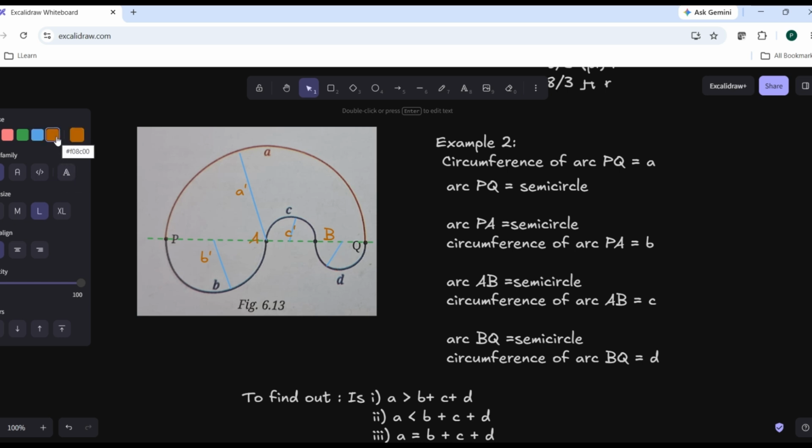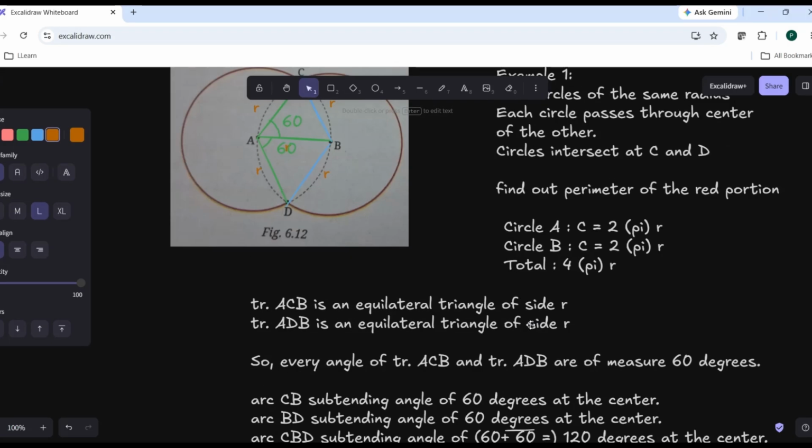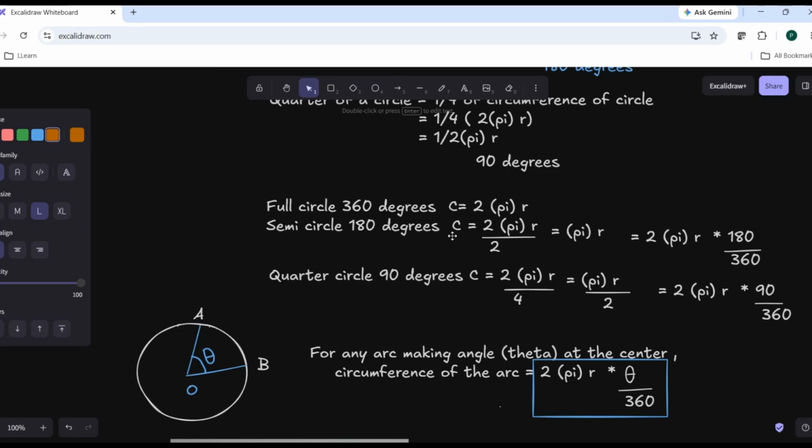Okay, so now we learned about the circumference of the semicircle. So what was the circumference of the semicircle? Circumference of a semicircle is pi r, right?